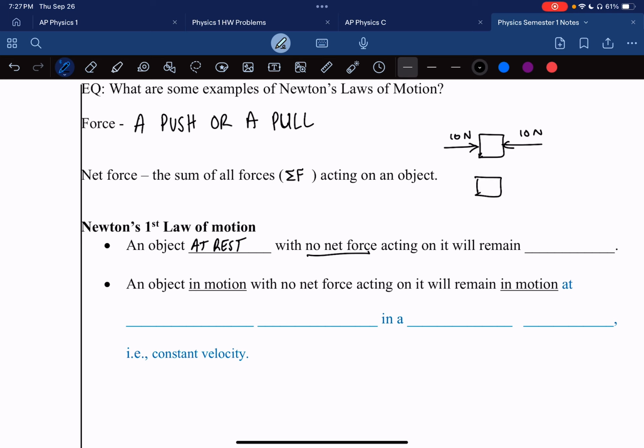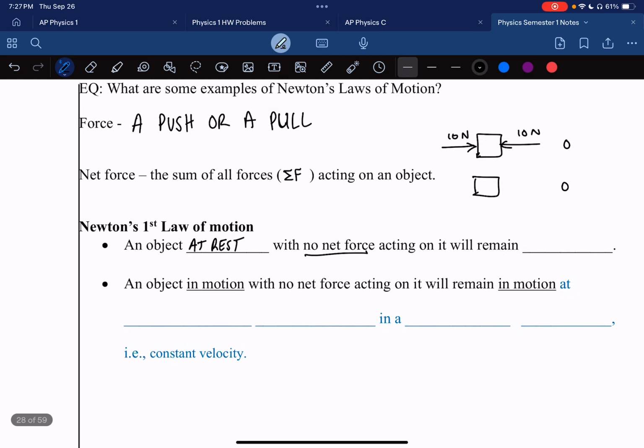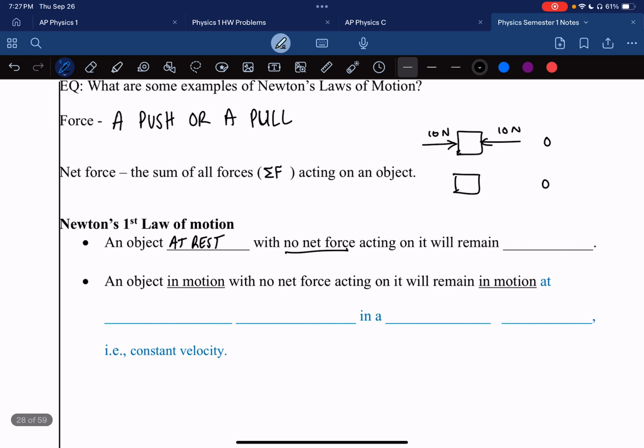So just no net forces, like the sum total here is 0. It says if an object is at rest with no net force acting on it, it will remain at rest.